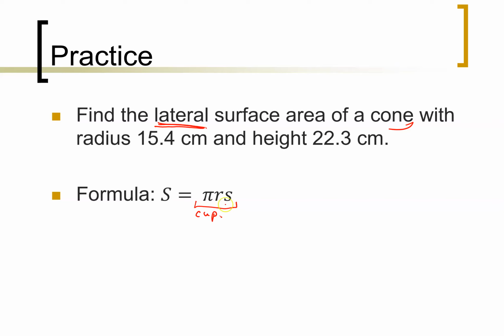Well, before we can do that, we haven't been given s. So we have a right triangle. Height is 22.3 centimeters. Radius is 15.4 centimeters. We need to calculate s.